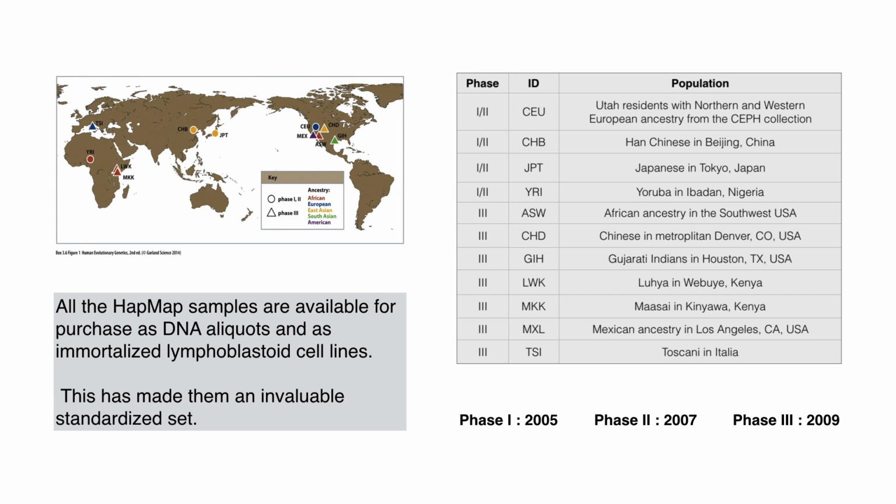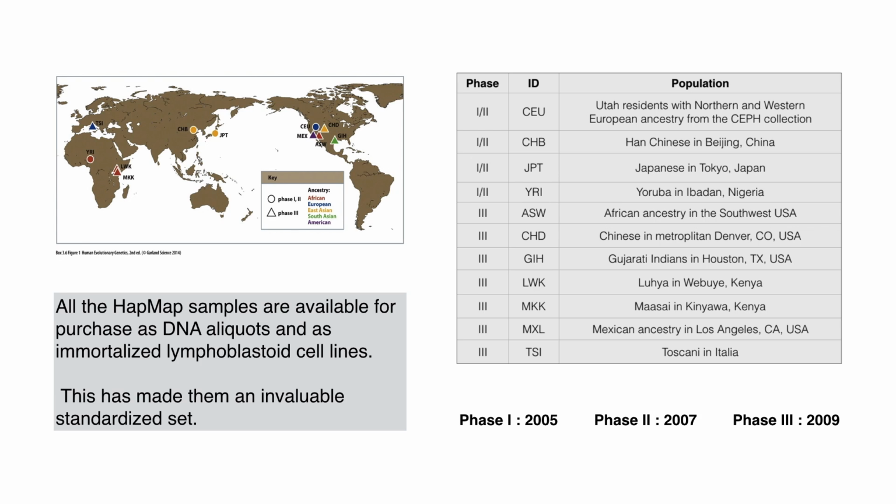The next project, the International Hapmap project, was organized to develop a haplotype map, the map of haplotypes in different populations of the human genome, and to describe the common patterns of human genetic variation. The Hapmap originally included 4 populations, but then in the second phase, several more populations were added.